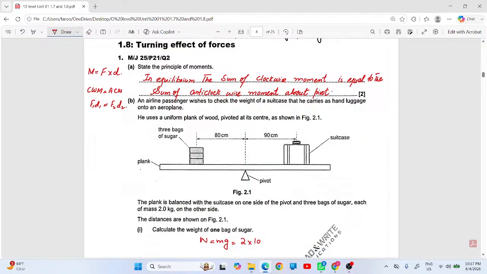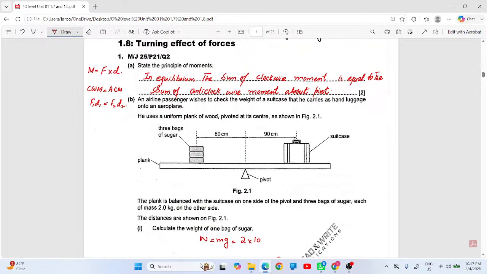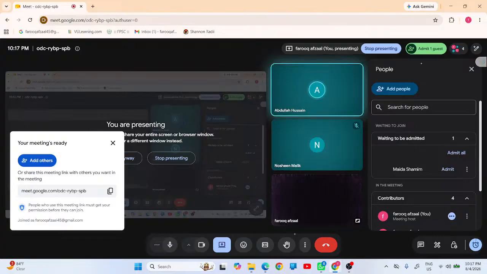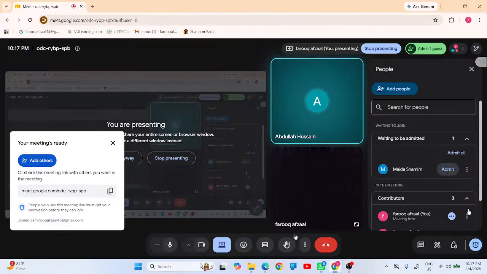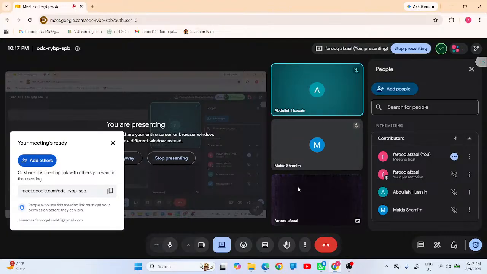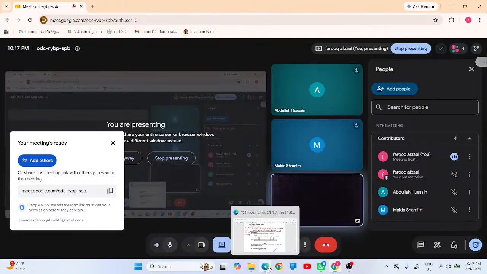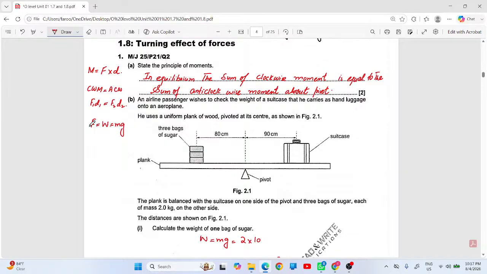And only these two formulas are used, okay? And force may be equal to the weight, equal to mg. So we just have two formulas for this chapter. One is F into D and the second one is F1 D1 equals F2 D2, clockwise moment and anti-clockwise moment.